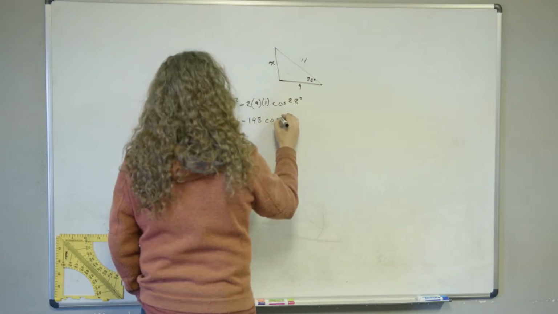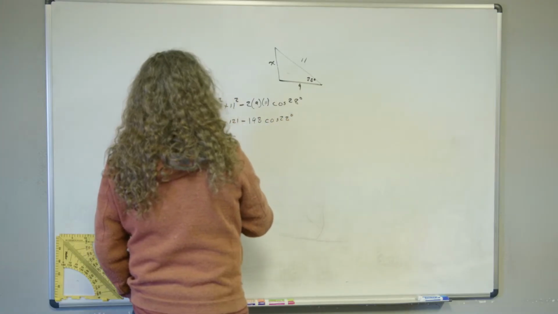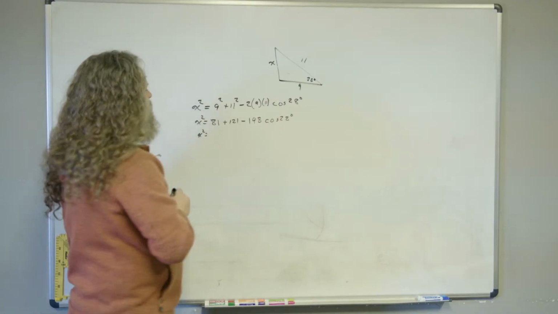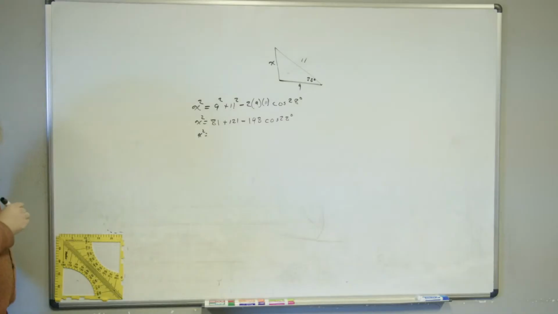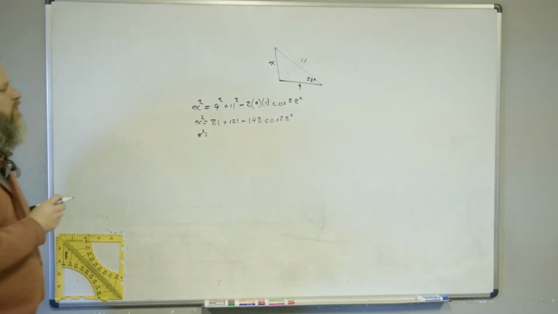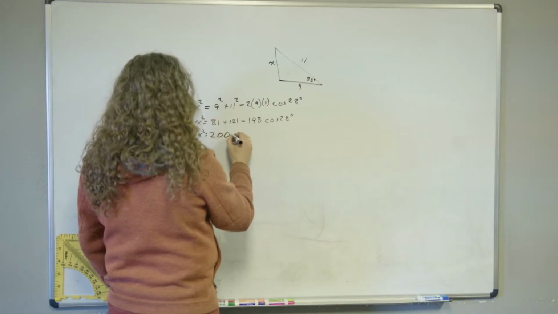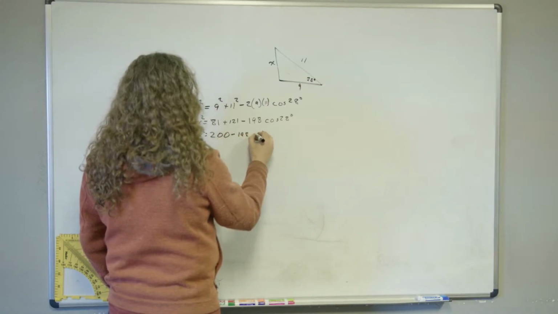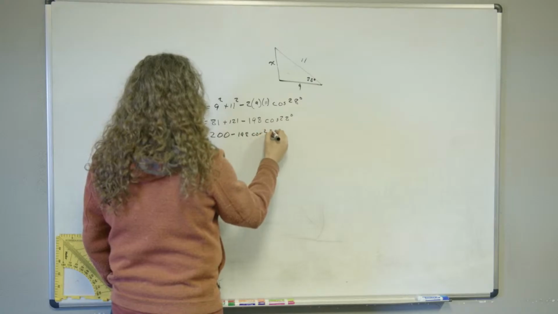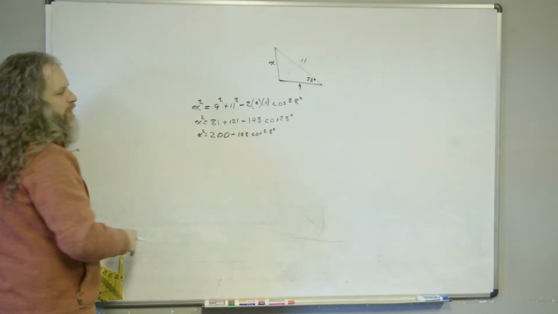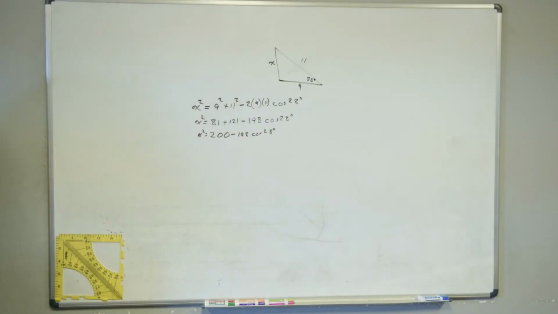That's times the cosine of 28 degrees. So what's 81 plus 121? 202. So we've got 202 minus 198 times the cosine of 28 degrees. We can show all of this in our calculator. We're going to get a weird decimal, leave it in as an answer because we're going to do one more thing with it in a minute.